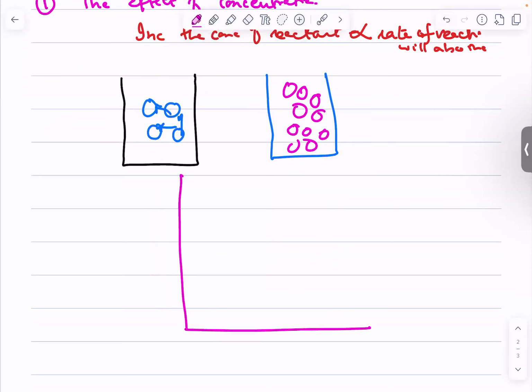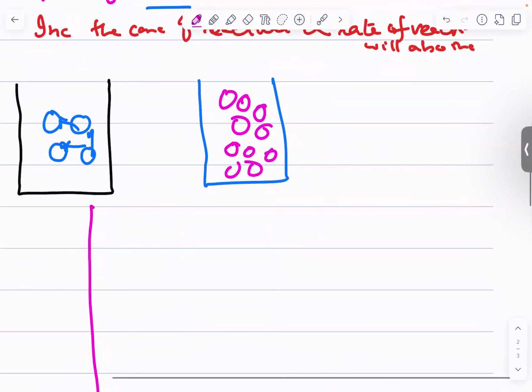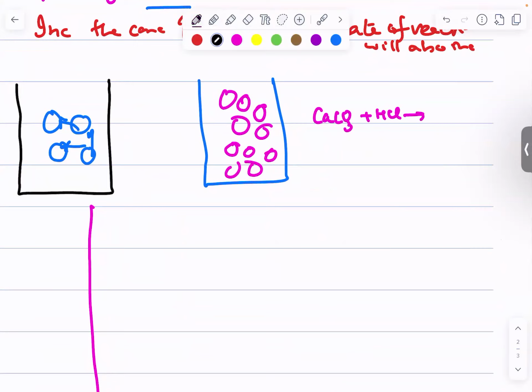Let's suppose I am doing a reaction of calcium carbonate with hydrochloric acid. You know that I'm going to get CaCl2 plus CO2 plus H2O.